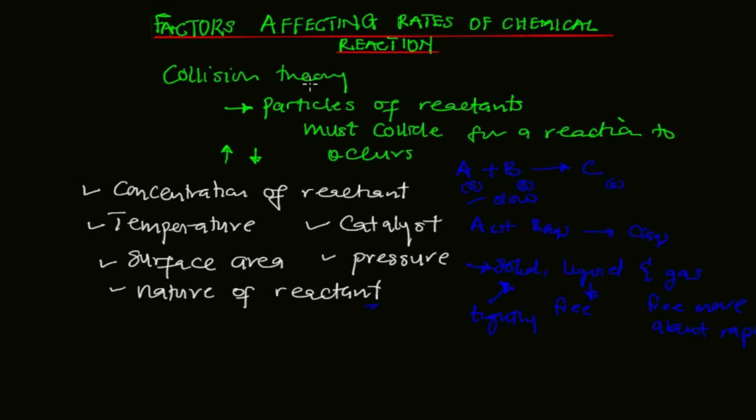And I'm talking about it related to collision theory. That is, the rate at which particles of reactants will collide together has to do with the nature of the reactants. You cannot compare how fast a reaction is going to be when it is in gaseous state, compared with liquid, compared with solid. So nature of reactant actually affects the rate at which particles of reactants are going to collide together. So that's the first one.